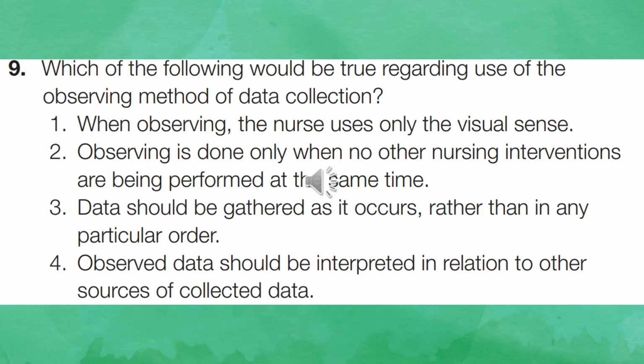Your option 2, using priority setting, observing must often be performed simultaneously with other activities. And a systematic approach to observing data help ensures nothing is missed and the nurse pays attention to the most important data. That's your option 3.